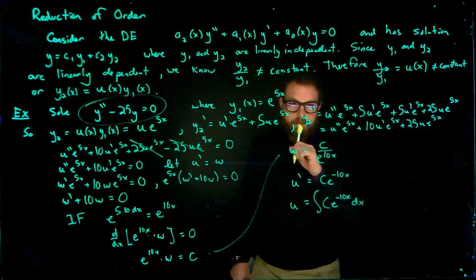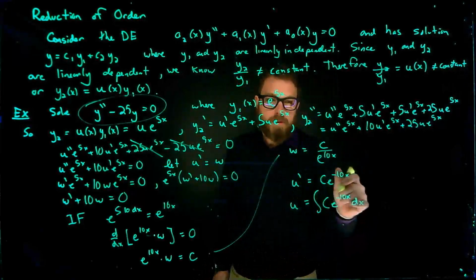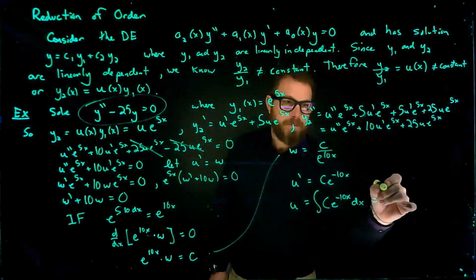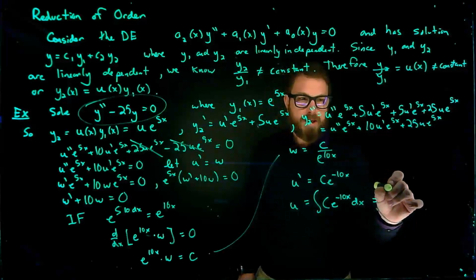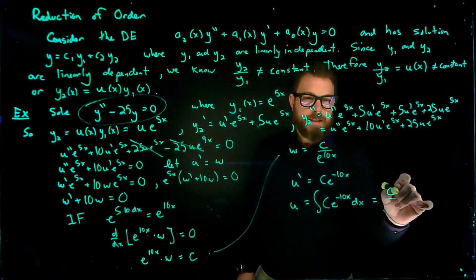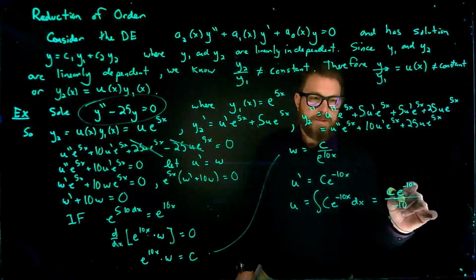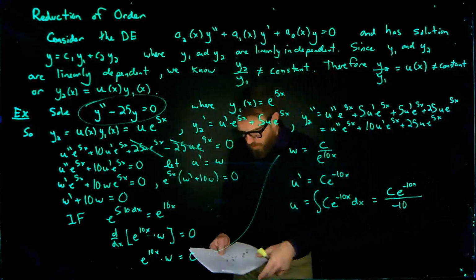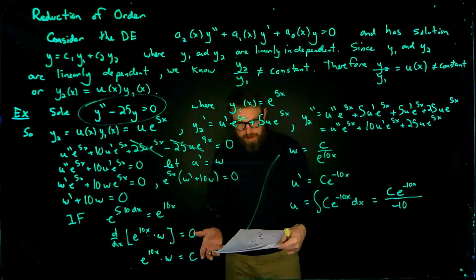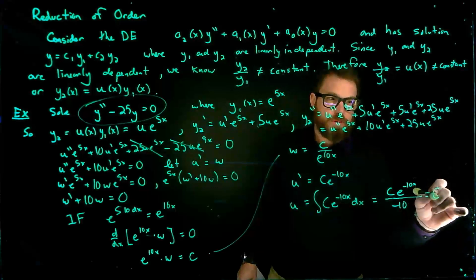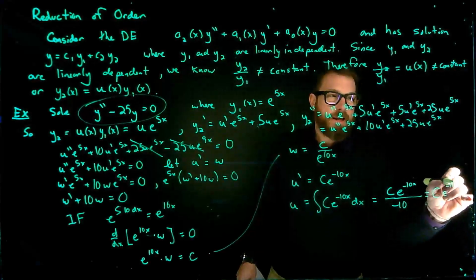So finally, the integral of this thing is going to be c e to the minus 10x divided by negative 10, which is still just a constant, so we would call this still just c e to the minus 10x.